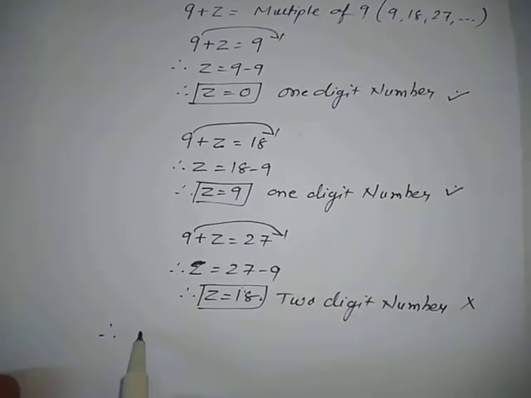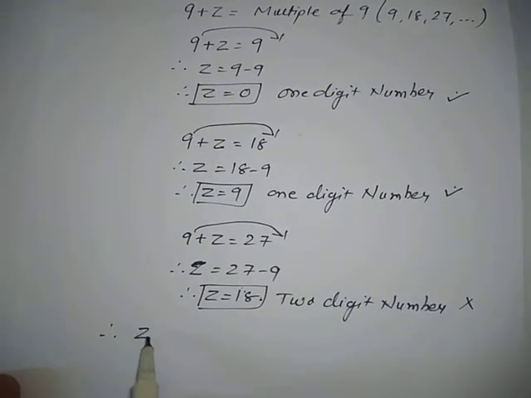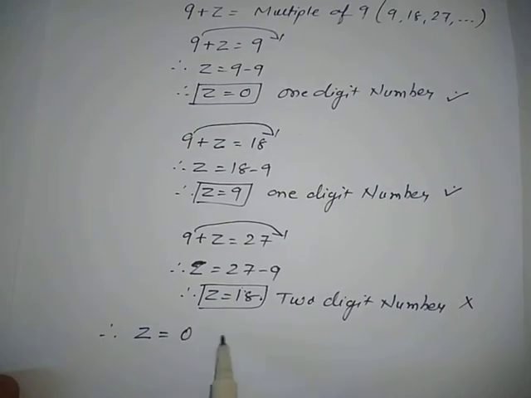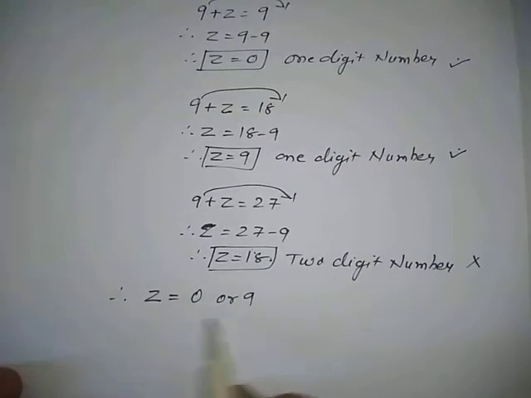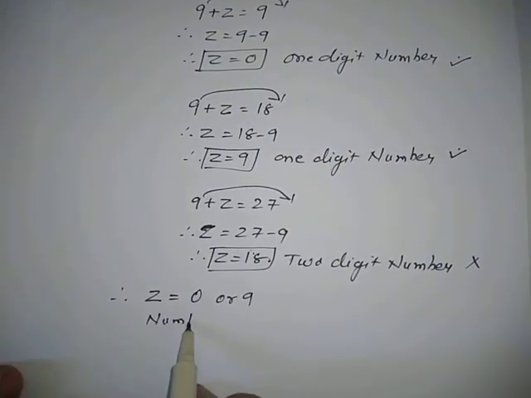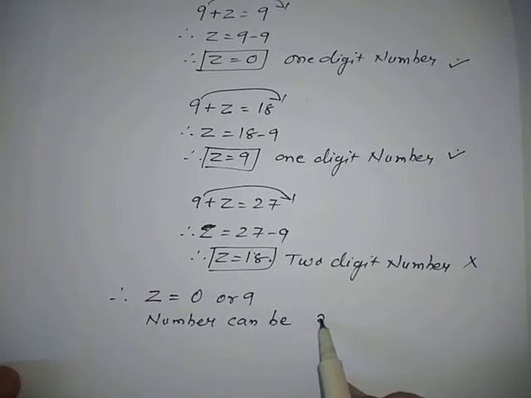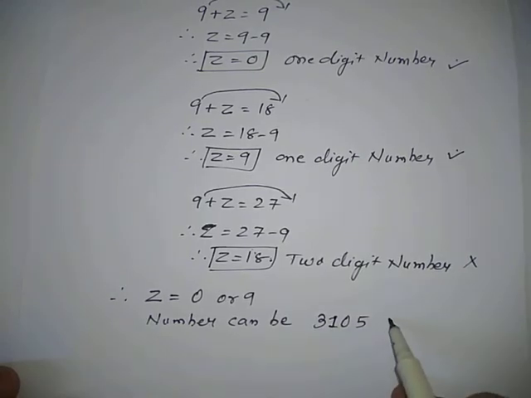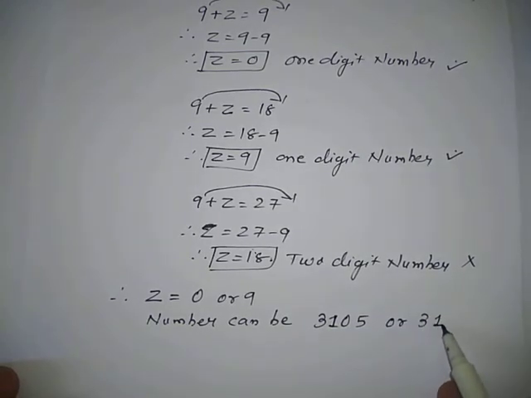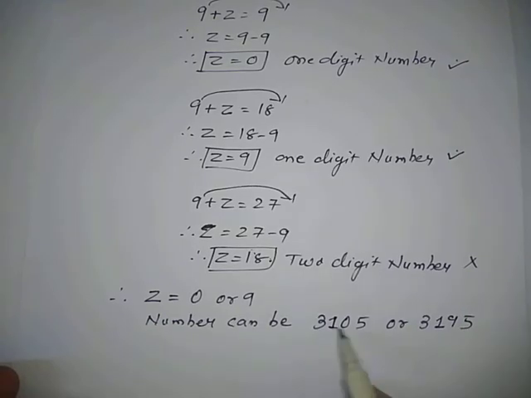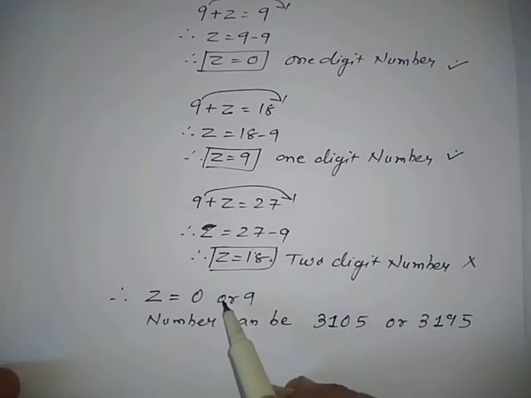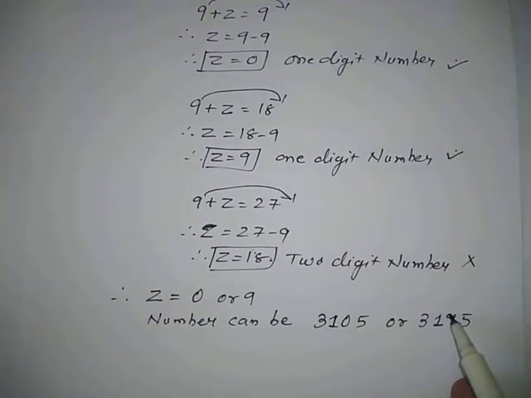Therefore, we can write the value of z is equal to 0 or 9, and based on this, the number can be 3105 or 3195. We are putting 0 as the value of z, and we can frame another number by substituting the value of z is equal to 9.